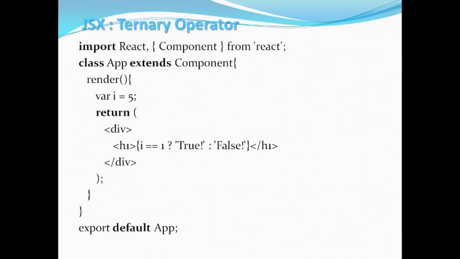And next we can also make use of various operations and control structures. We can make use of an if condition as part of your JavaScript code. Then how do we support such conditional statements in JSX? We can make use of the ternary operator.